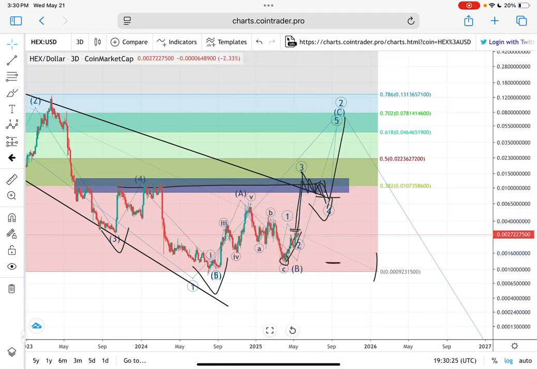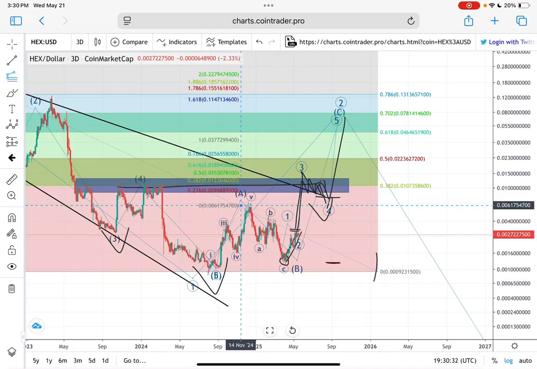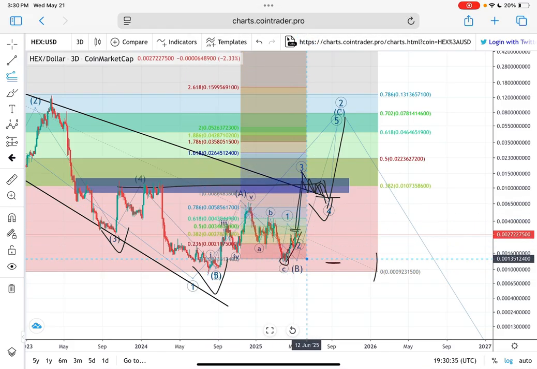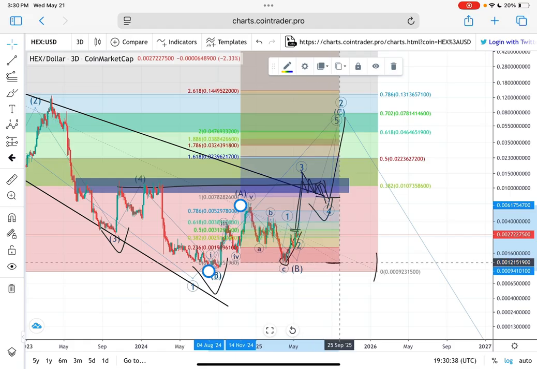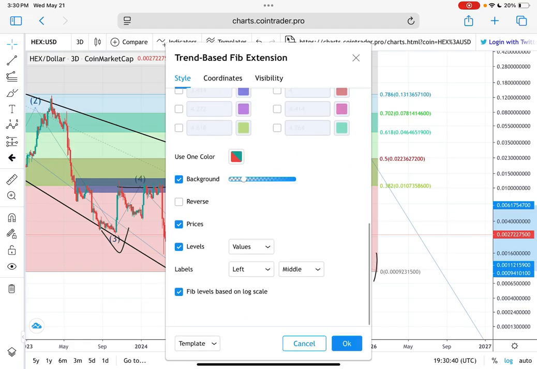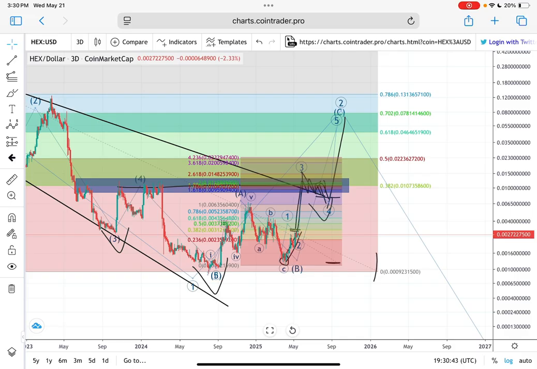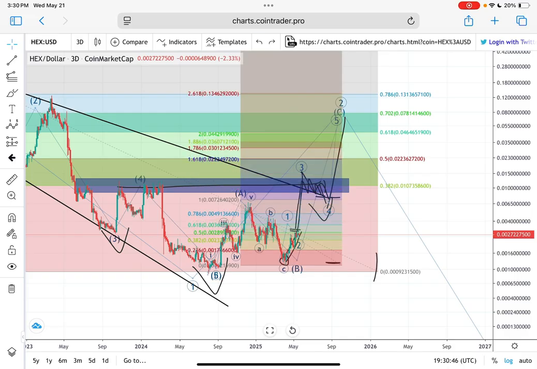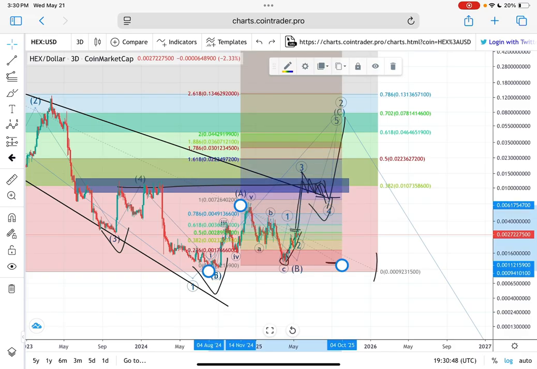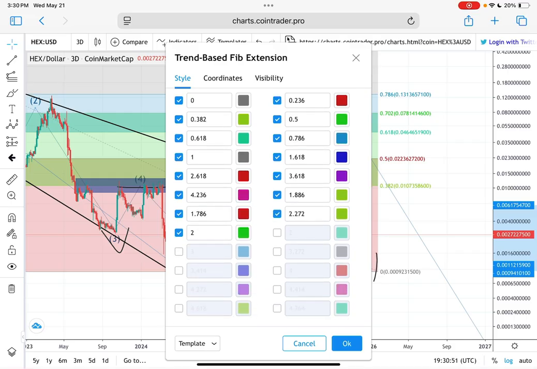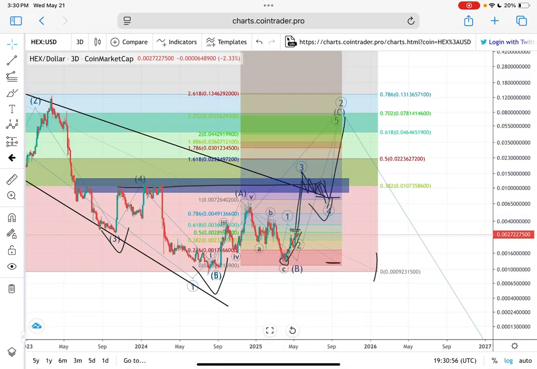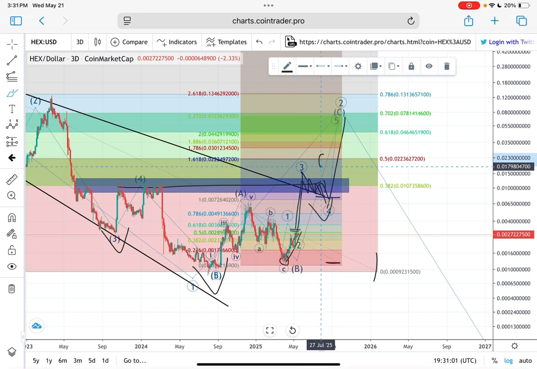Okay, now what you can also do to find the next targets is take a trend-based fib to this, from the bottom of our A to the top of our A, and down to the bottom of our B wave. Okay, and you see how the 1.618 is right there at the 50?